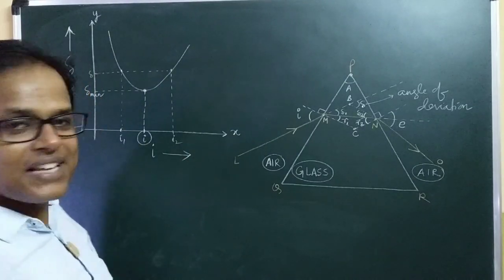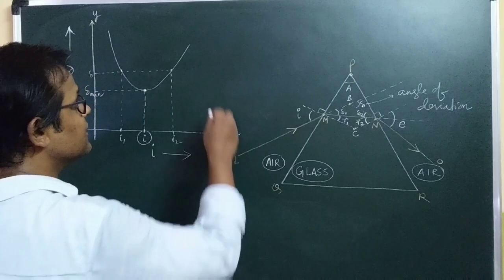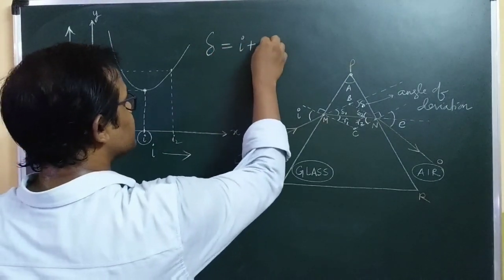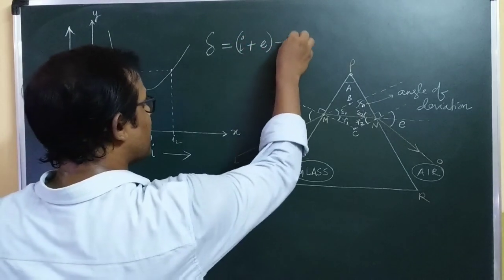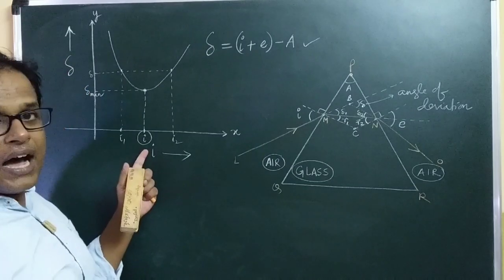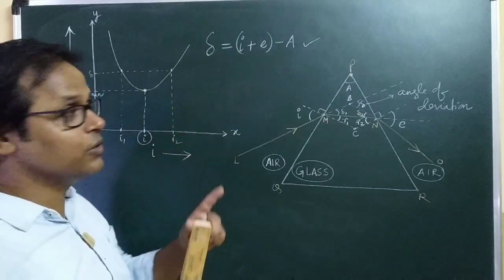Alright, so when is it exactly possible? Let us see. Just now we obtained the expression delta is equal to I plus E minus A. So for a unique I, there will be a unique E also.